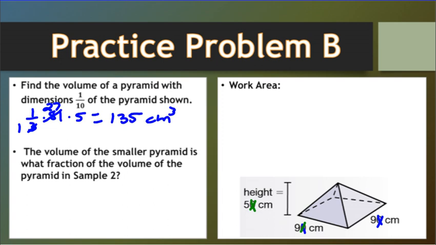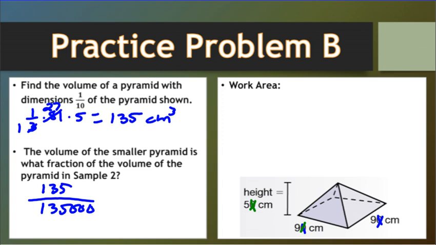Now the volume of the smaller pyramid is what fraction of the volume of the pyramid in sample 2? The smaller one is 135, and the larger one was 135,000.